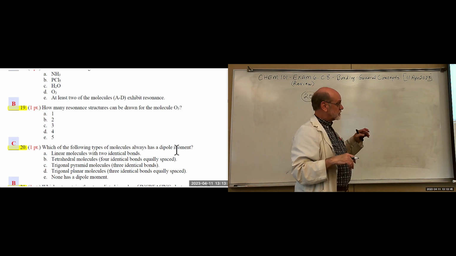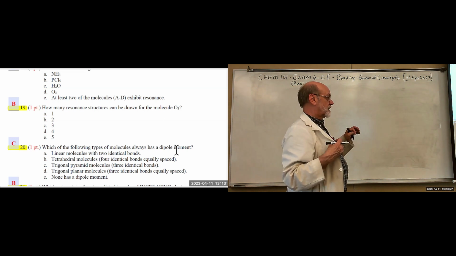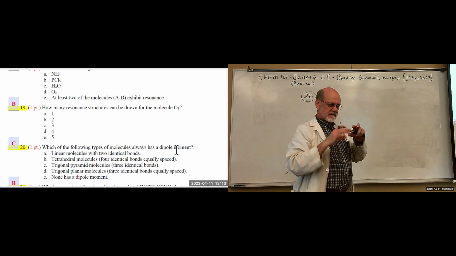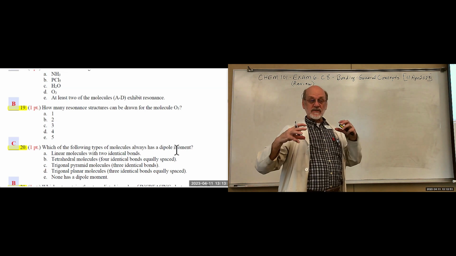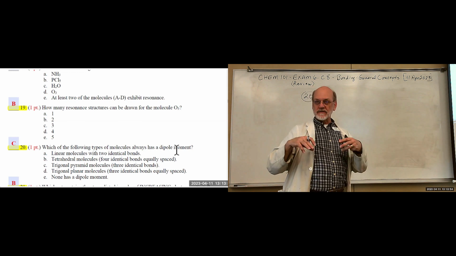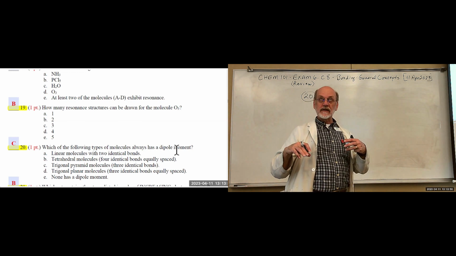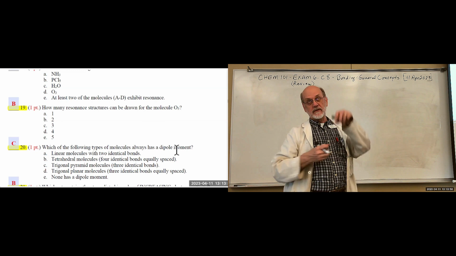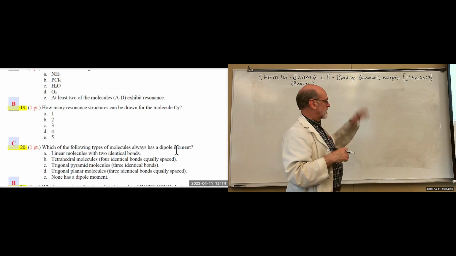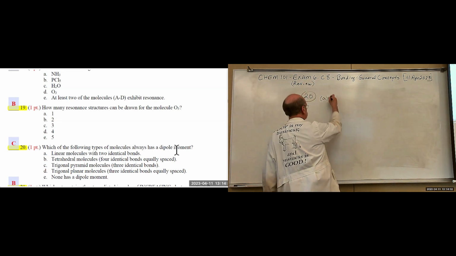Now, they could, if they're talking about the arrangement of the atoms themselves, then can you have linear with lone pairs? Yeah, if you have two lone pairs. No, that was out. That can't be.